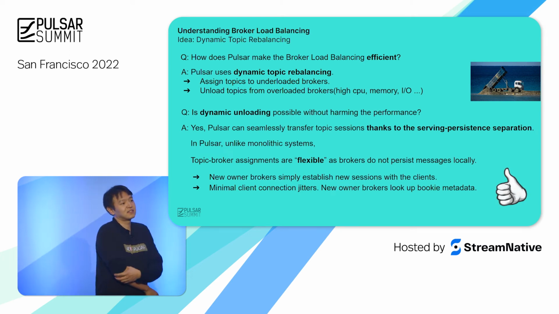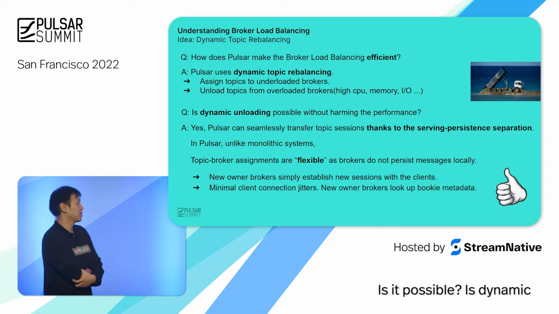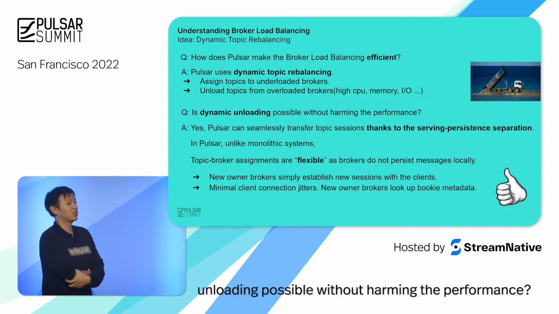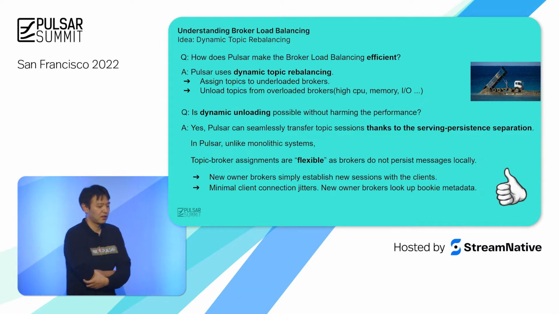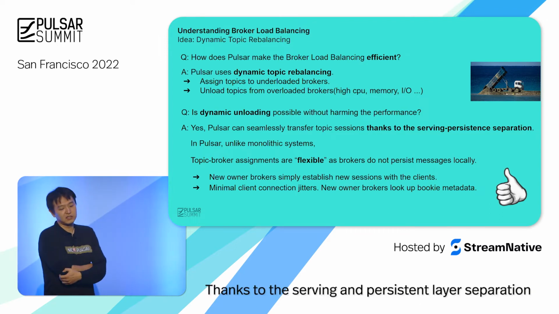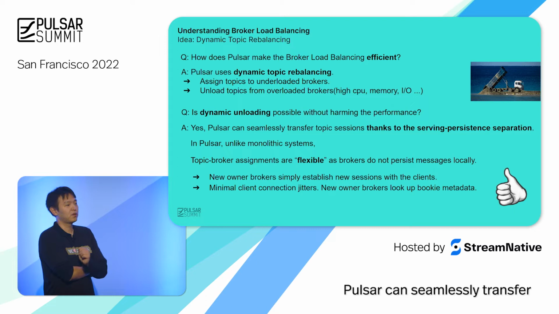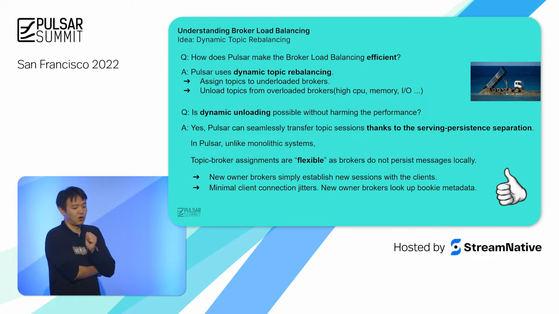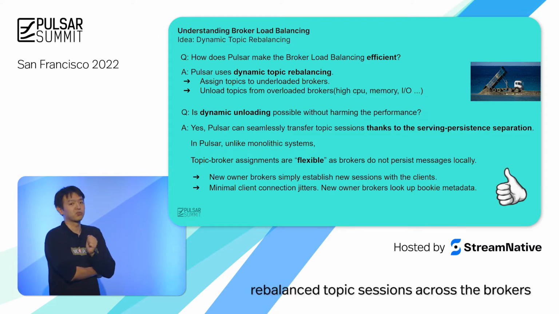Then someone might ask, is it possible? Is dynamic unloading possible without harming the performance? The answer is yes. Thanks to the serving and persistent layer separation, Pulsar can seamlessly transfer rebalanced topic sessions across the brokers.